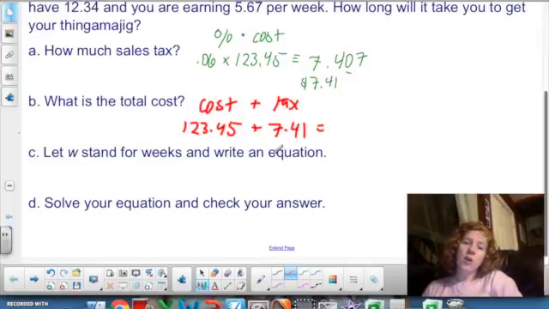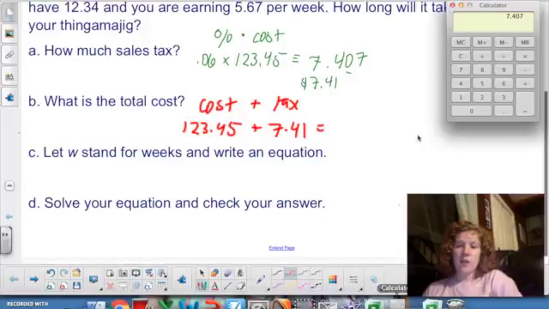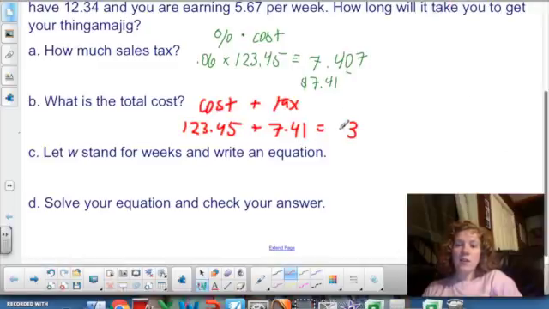So my total cost then, again, I can pull up my calculator if you want, or just make sure you line up your decimals. What I get is $130.86. Okay, so that's the total cost of my item.